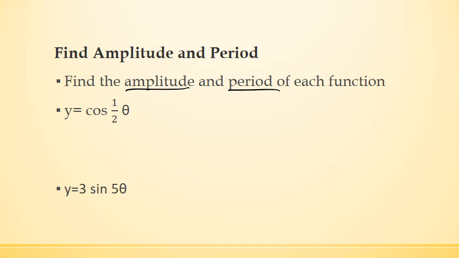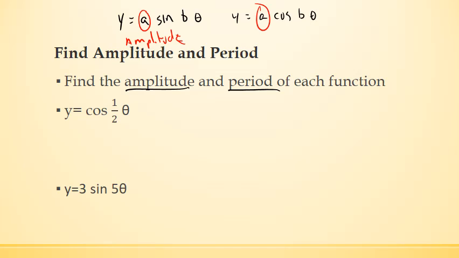Now, for both the sine and the cosine function, if we've got y equals a sine b theta, or we'll go ahead and model a cosine b theta, the coefficient, or a, in front of the sine or the cosine is going to give us the amplitude.